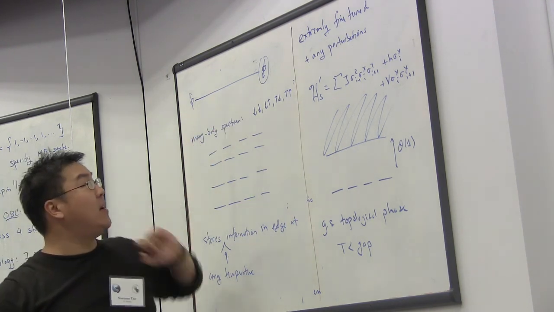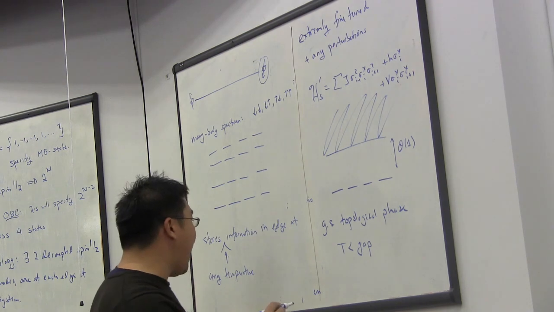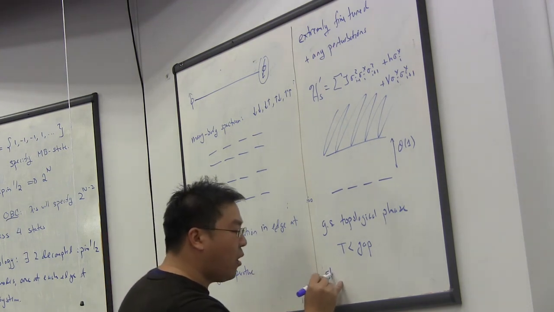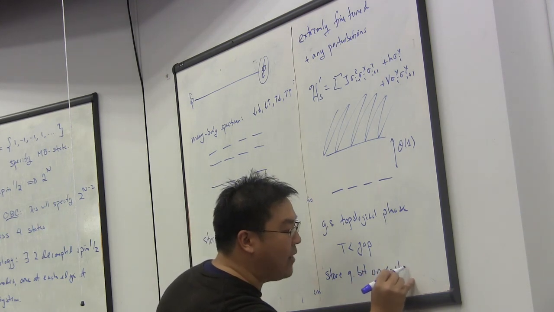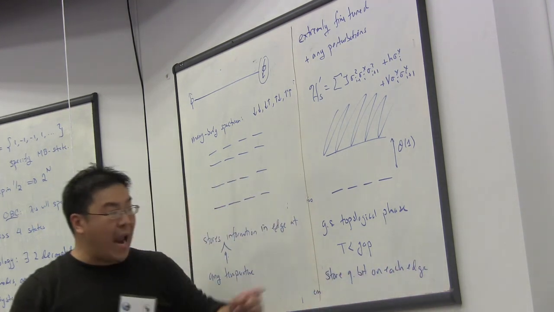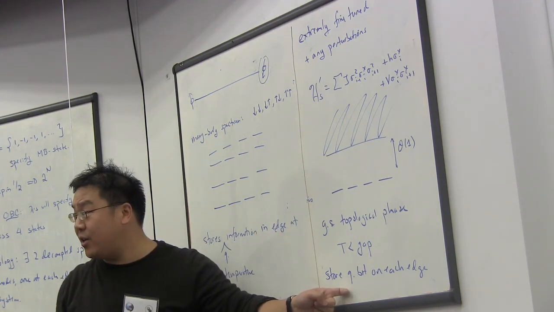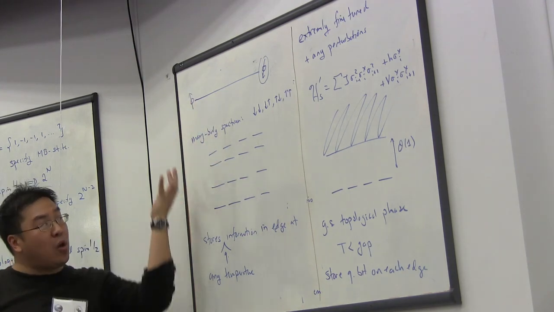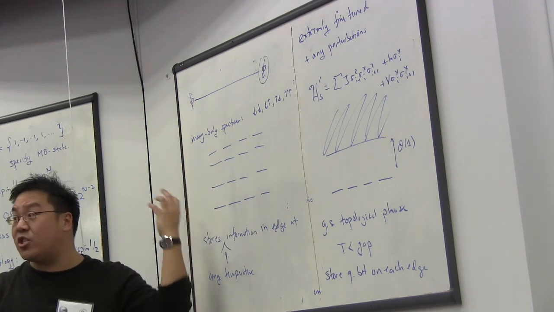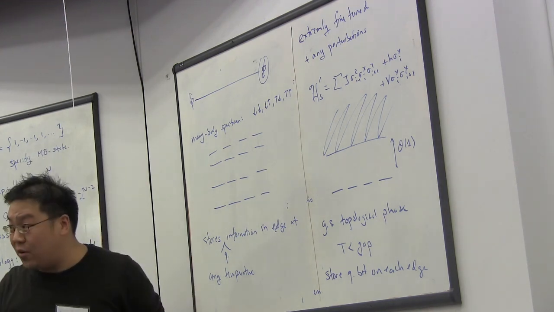And in this limit, when temperature is less than the gap, we can store a quantum bit on each edge. But for any temperatures above the gap, one cannot store a quantum bit on the edge, because that's going to scatter with the thermal excitations, because we no longer have this extensive set of conservation laws that tells us that all of our thermal excitations are integrably localized.